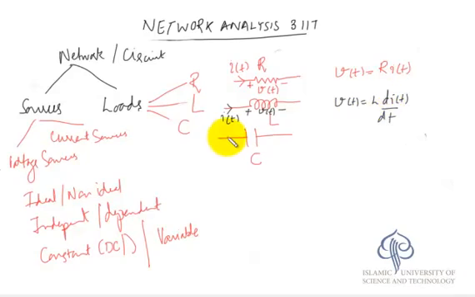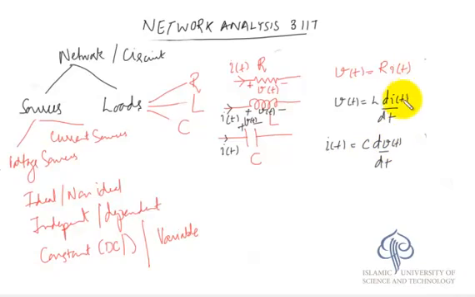And similarly for the capacitance, this is your current and the voltage, the sign convention. This is called the passive sign convention. This is again the voltage across the capacitance, and the current to the capacitance is given by i(t) = C dv(t)/dt.